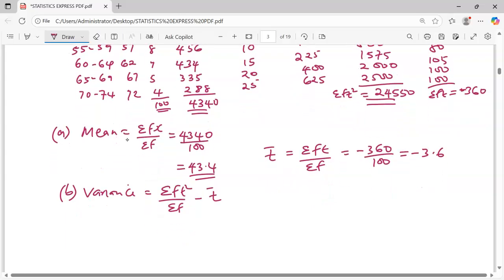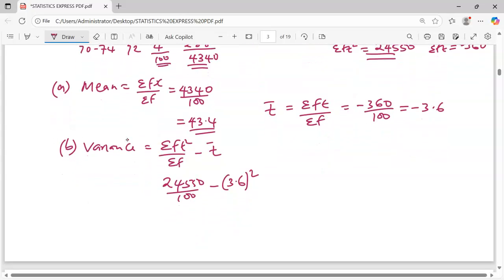So we can now take the summation of ft squared, which is 24,550. We divide by 100, and this is going to be minus negative 3.6 squared.